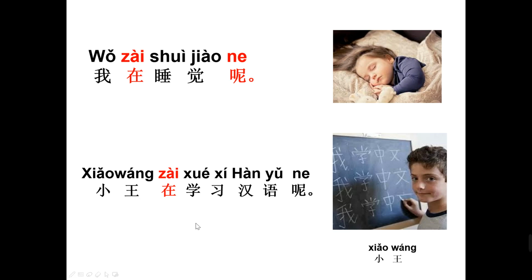So can you make two sentences with 在? Here we can find its structure is subject plus 在 plus a verb plus 呢, or subject plus 在 plus a verb plus object plus 呢。Please try to make two sentences by yourself with 在什么什么呢。For example, I'm a teacher.